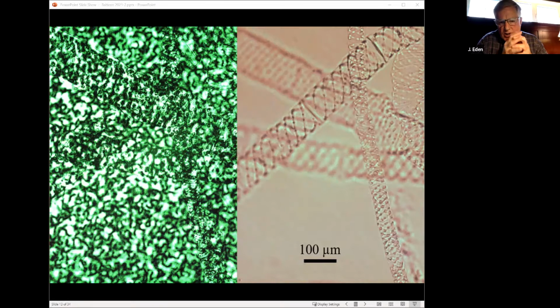I wanted to show you a couple of images, one of which, the one on the left, was recorded with a conventional green laser. And it may be, in fact, it's impossible to tell, but underneath this green intensity pattern is the same biological sample that's shown at right.